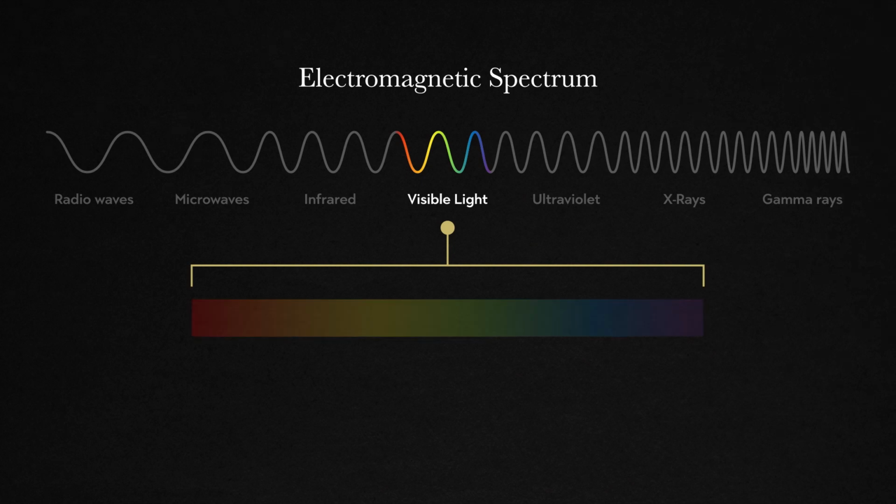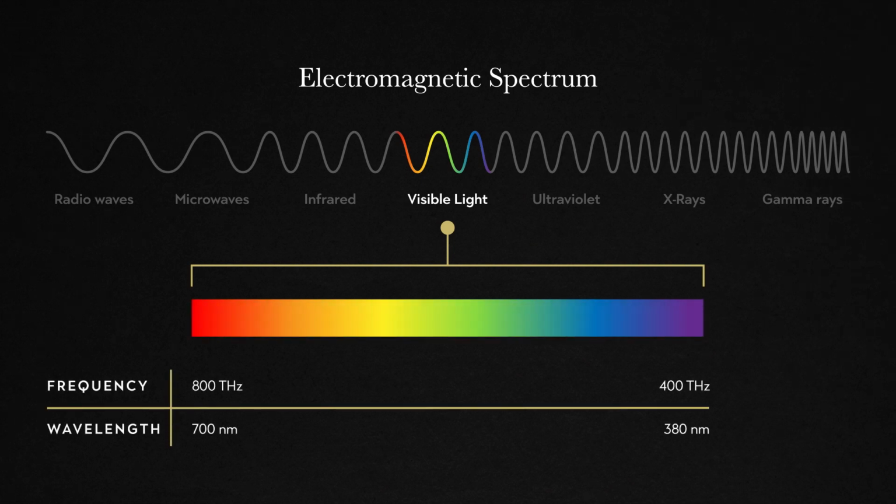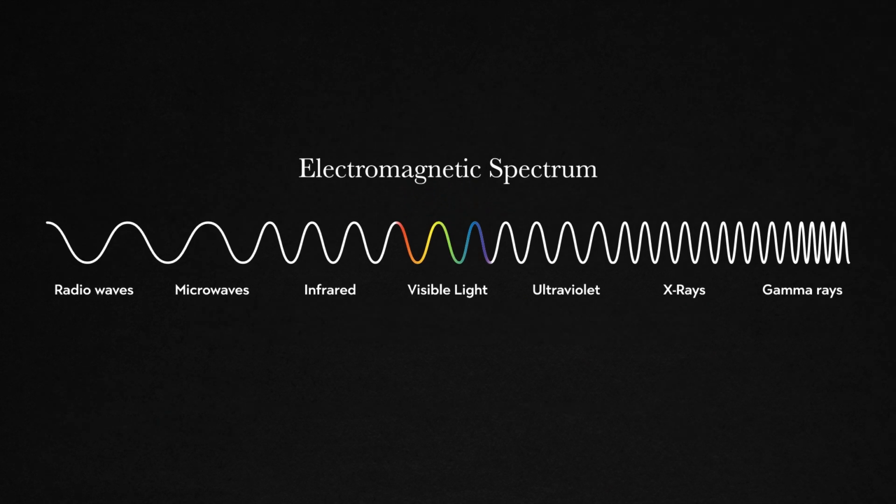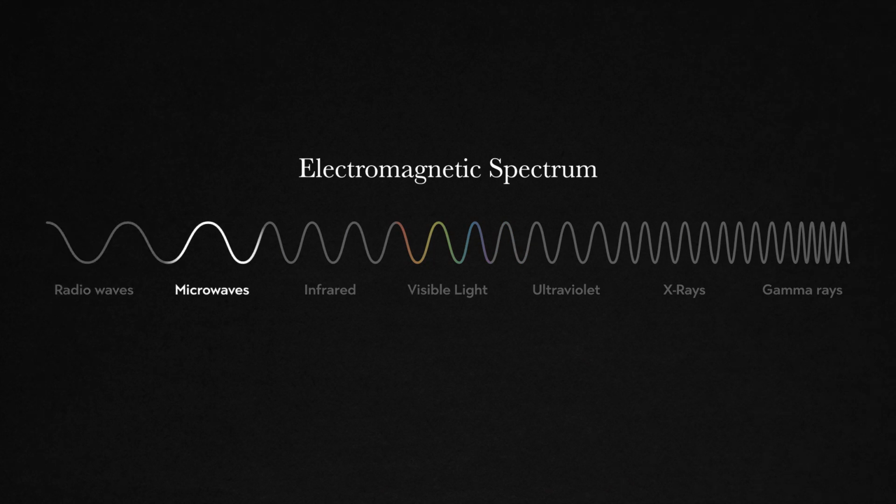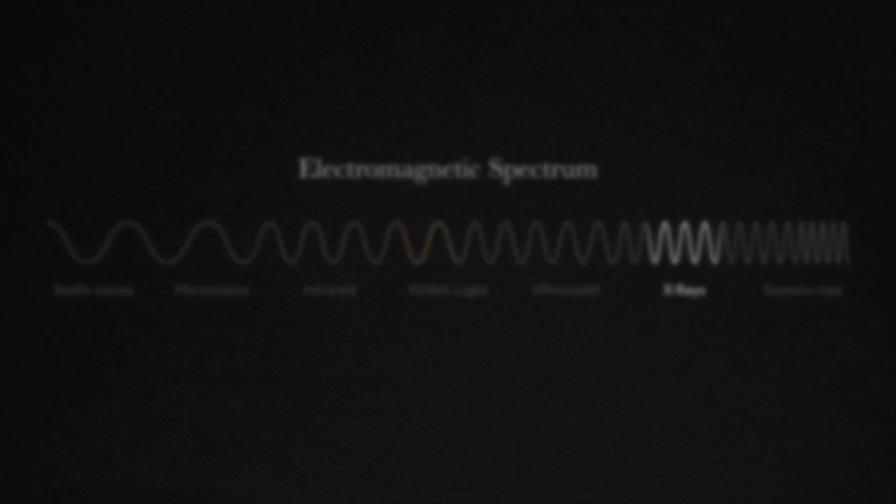Visible light falls in the middle of the spectrum, with wavelengths in the 700 to 380 nanometer range. On the left of the spectrum, we see things like radio waves and microwaves, which have much longer wavelengths and smaller frequencies. On the right of the spectrum, we see X-rays, which have much shorter wavelengths and higher frequencies.